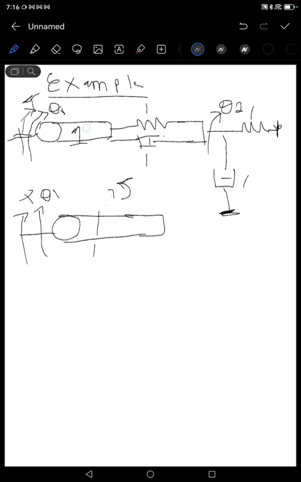We're gonna represent our inertia as J. So if the torque is moving clockwise, the J is gonna move clockwise, but the damper and the spring are gonna oppose. Okay? So which means spring and damper, they're going to oppose the direction.